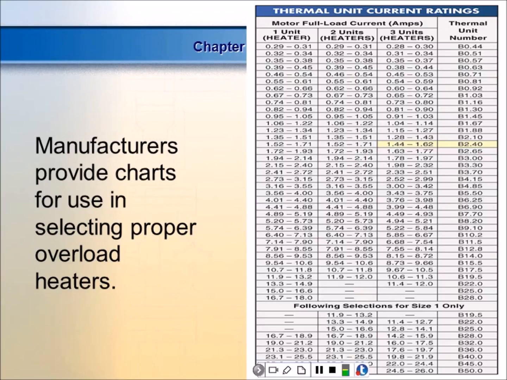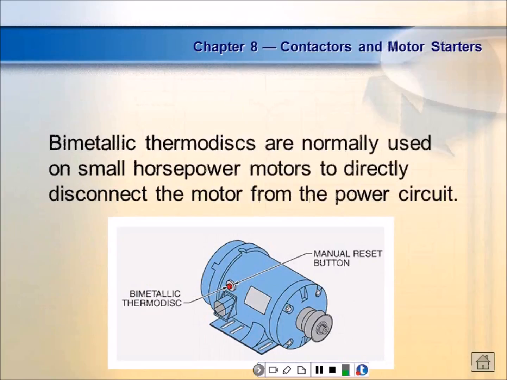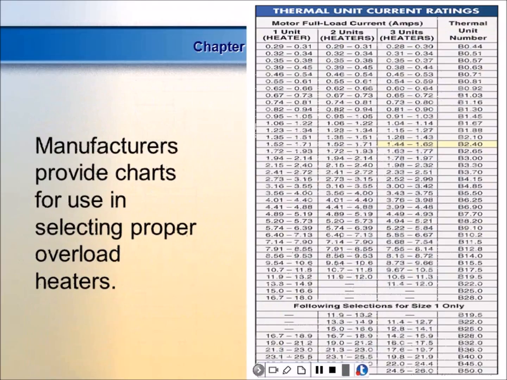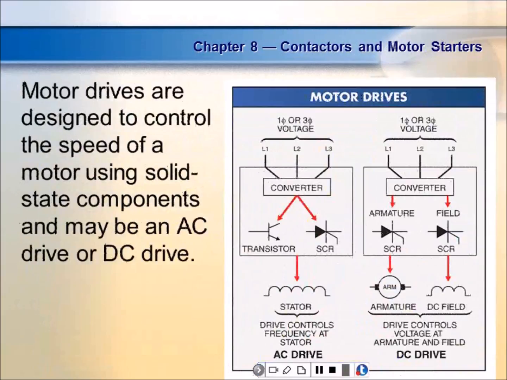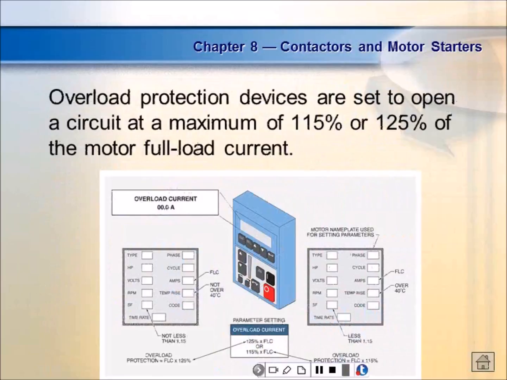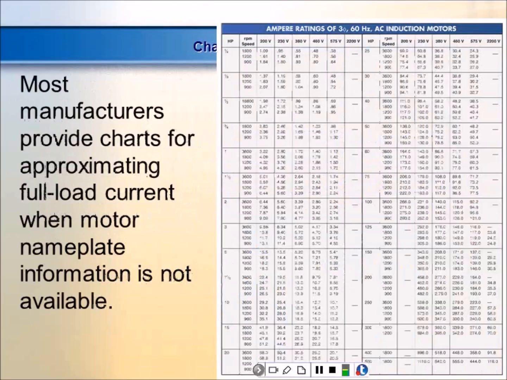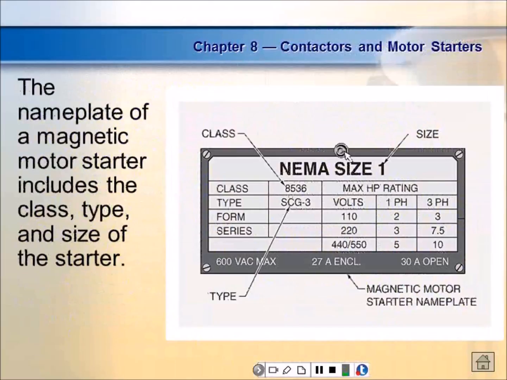So what we have to understand to do this is we need to kind of visualize the faceplate of a motor. Some of the things the faceplate of the motor tells us: it tells us the voltage the motor's rated at, right?